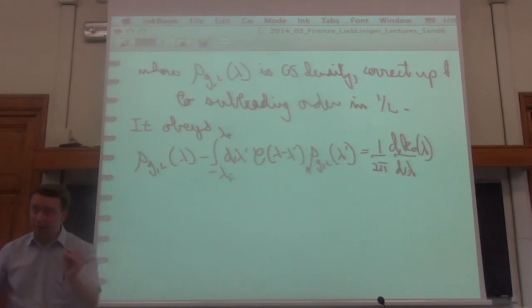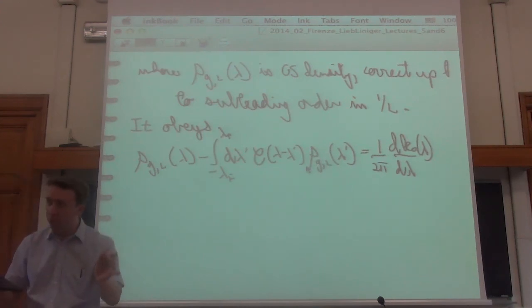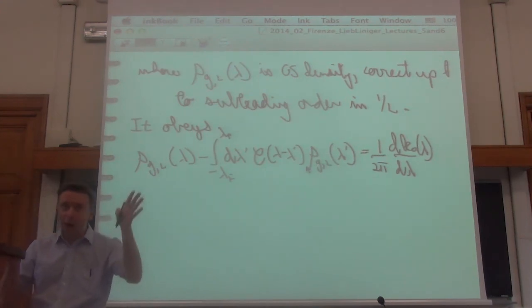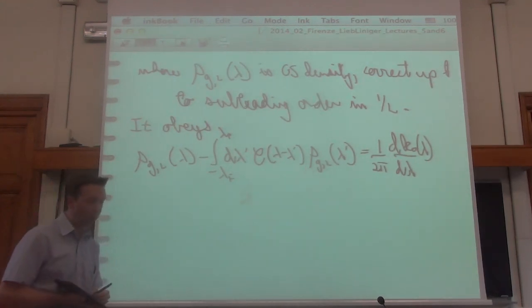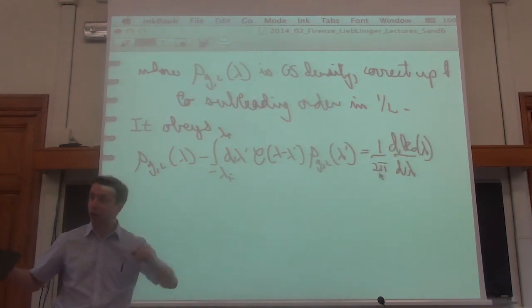Okay, so this is just like the equation that we had, it's just like the Lieb equation. But of course, when we rederive the Lieb equation, keeping terms subleading in 1 over L, we get another contribution that comes similarly from the Euler-Maclaurin summation.